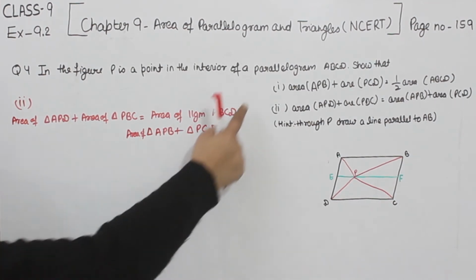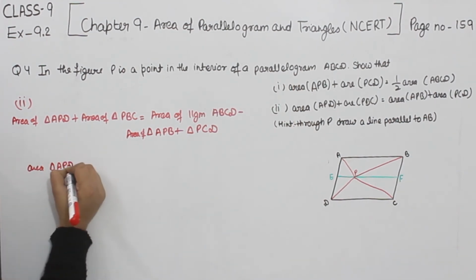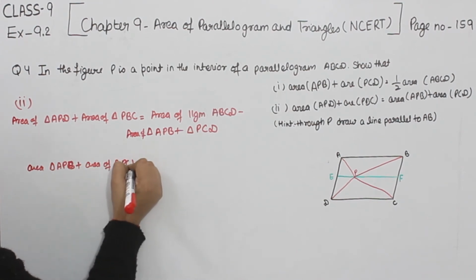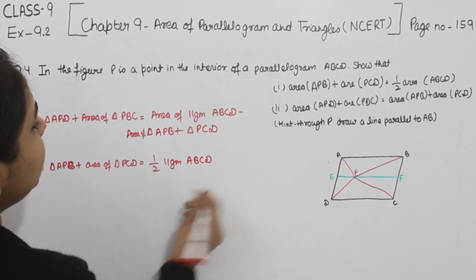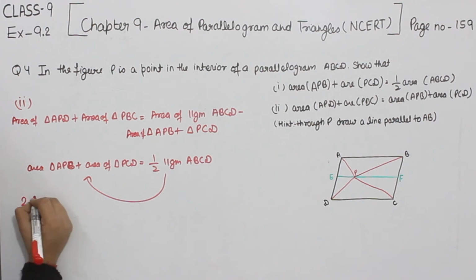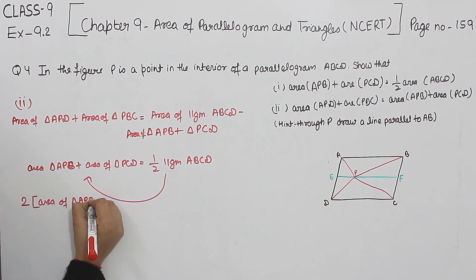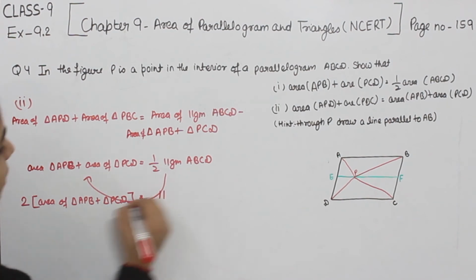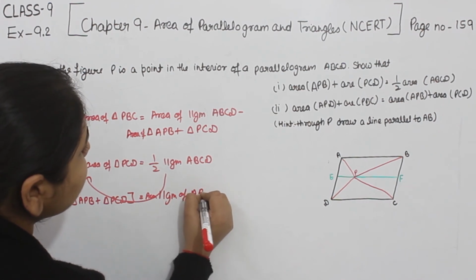We have proved in part 1 that the area of triangle APB plus the area of triangle PCD is equal to half of the parallelogram ABCD. If I transpose the half to this side, this becomes 2 times the area of triangle APB plus triangle PCD, which is equal to the area of parallelogram ABCD.